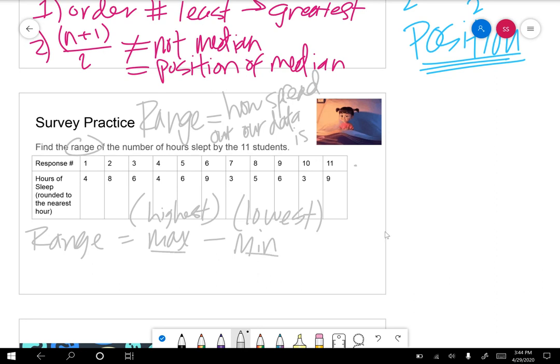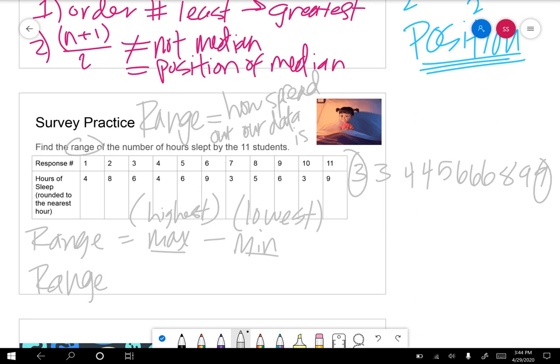Now, I'm just going to write those data values, the responses, again, out for us. And look at that, it's already in order, so we can already tell where the minimum and maximum are, okay?